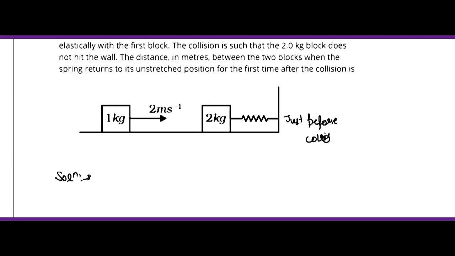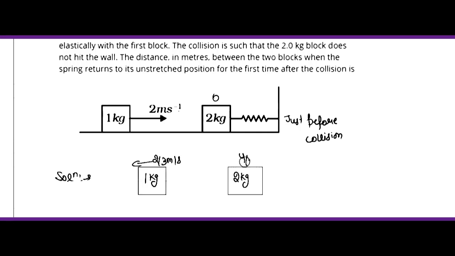This is with zero velocity here, and just after collision, this is 1 kg, 2 kg here, and this is 2 by 3 meter per second, 4 by 3 meter per second, this one in this direction and this one in this direction, and we have the spring here.